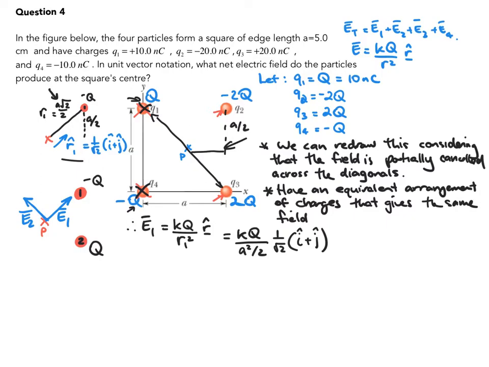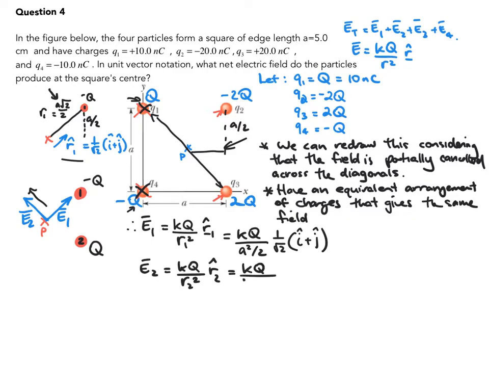That's nice. I can do exactly the same thing for the second field, but it's going to be a different direction now. It's going to be this direction. So our unit vector is going to change. So we have K, Q over R2 squared. Should be a 1 here. And our second unit vector, well, let's just write this bit.